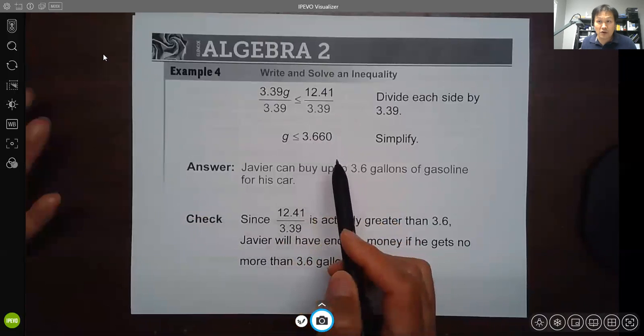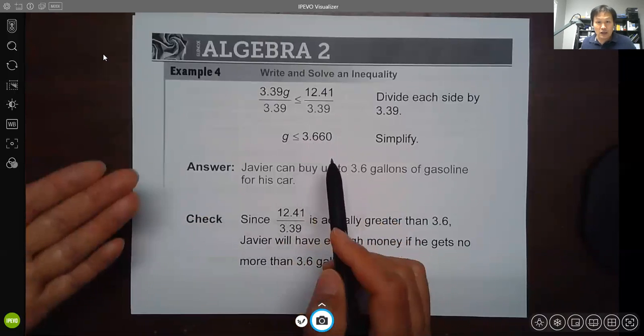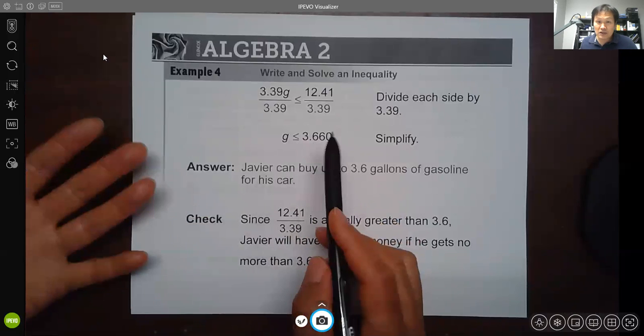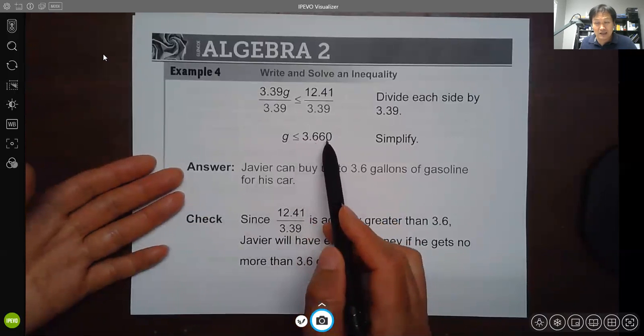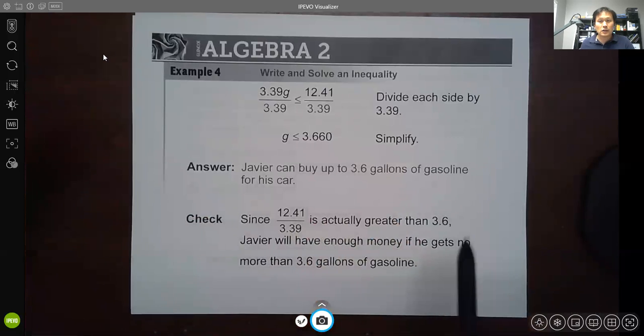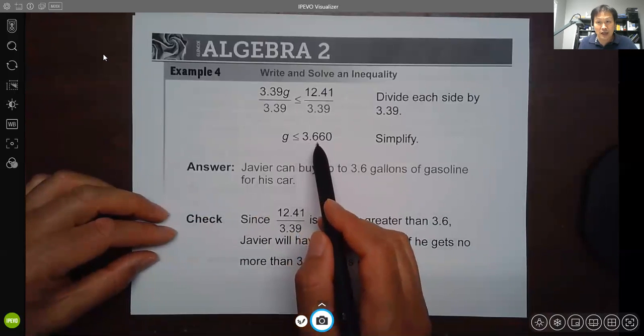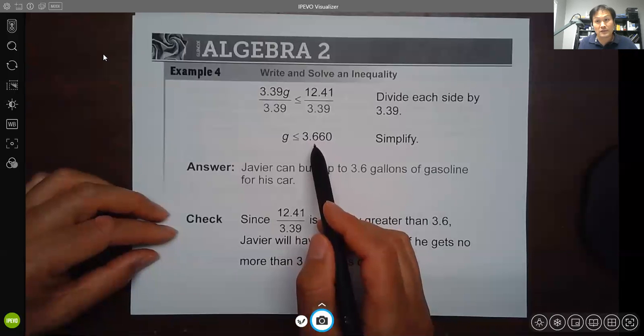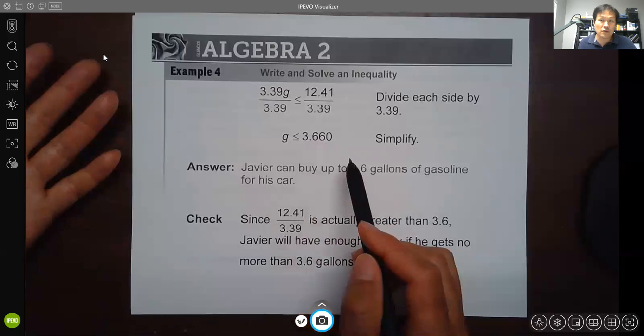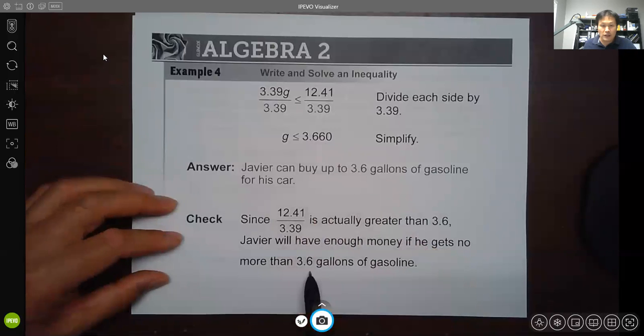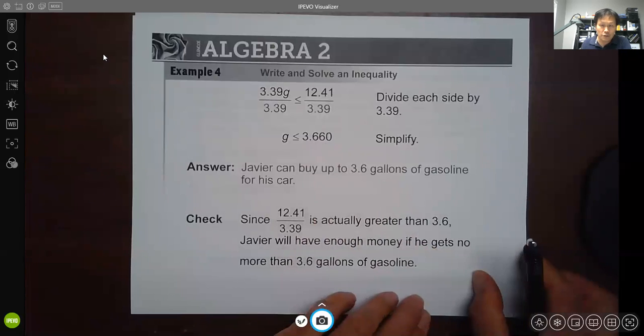He doesn't have enough money. So in this case, as much as he can buy is 3.66 gallons. So when the question is asking for the nearest tenth, he can only buy 3.6 gallons, not 3.7 gallons, because he doesn't have the money for it. So you have to cut it to 3.6. Be very careful with the context.